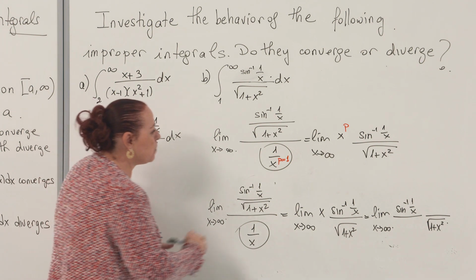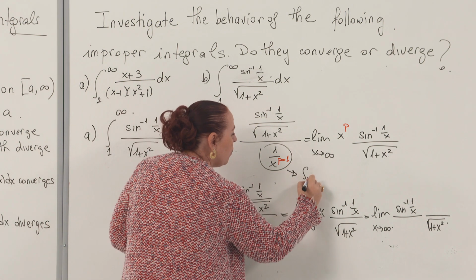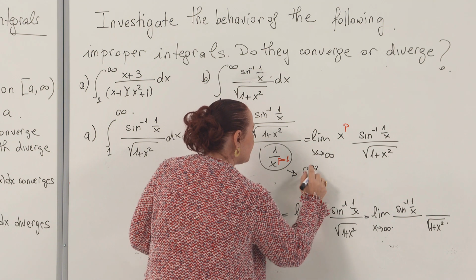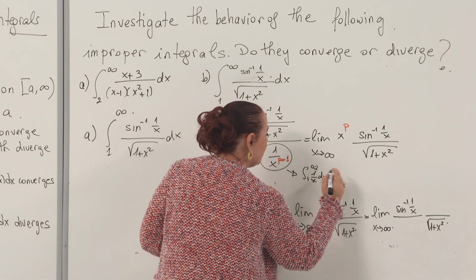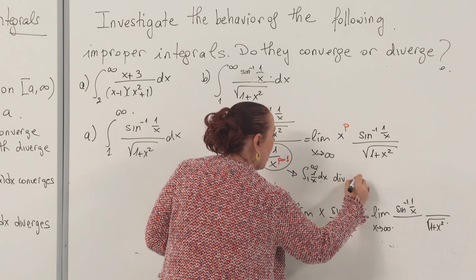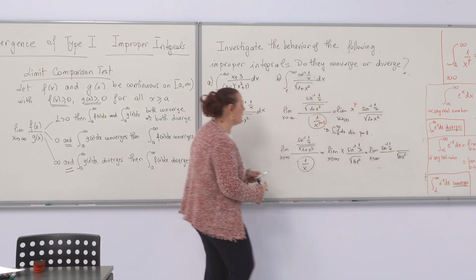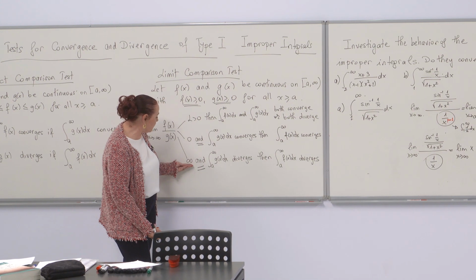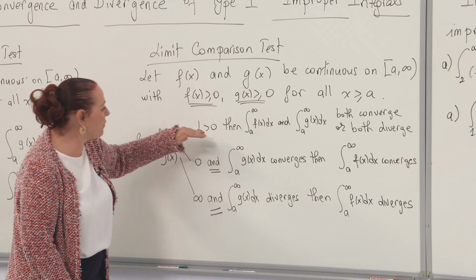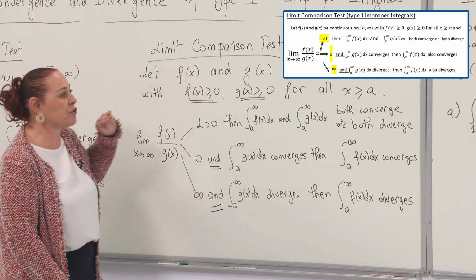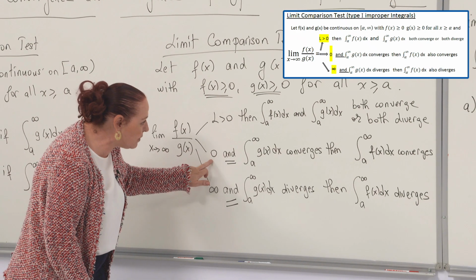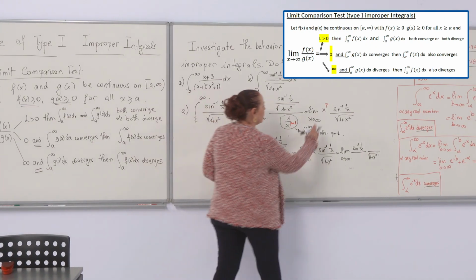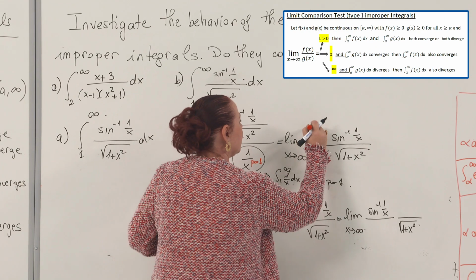When I put 1, I already know that the improper integral that I have put in the denominator is divergent. Why? P is equal to 1. So, if it is divergent: if the answer is infinity, it's going to work. If the answer is a number, it's going to work. If the answer is 0, it's not going to work. The test is not going to work. So I put 1 here.